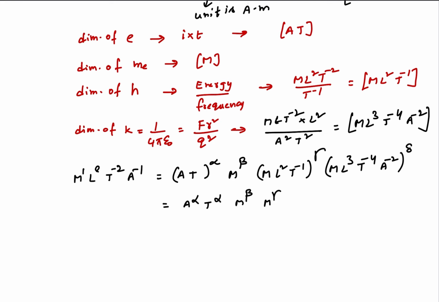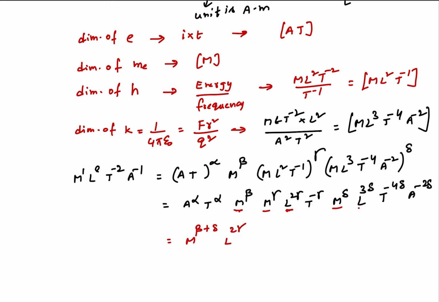Now you can get the value as A power alpha, T power alpha, M power beta, M power gamma, L power 2 gamma, T power minus gamma, M power delta, L power 3 delta, T power minus 4 delta, A power minus 2 delta. Now you just write the M powers. M power beta plus gamma plus delta.